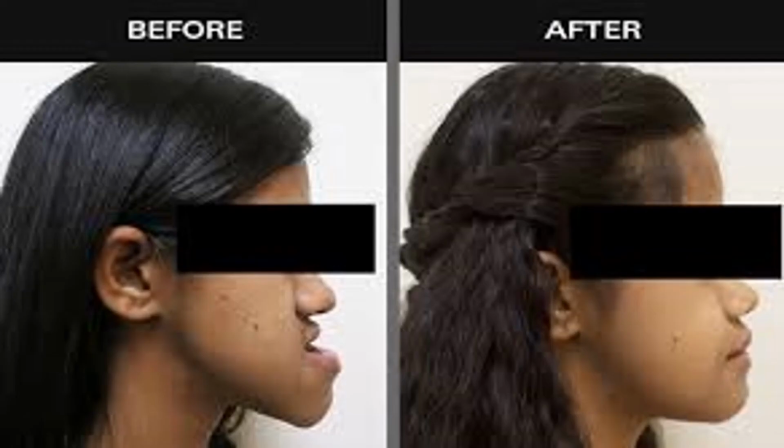This young lady had severe prognathism, and they treated her with a retrognathism procedure, where they resected the jaw and brought it back. You can see the significant difference in her, and I just thought it was interesting how she'd redone her hairstyle after her procedure.